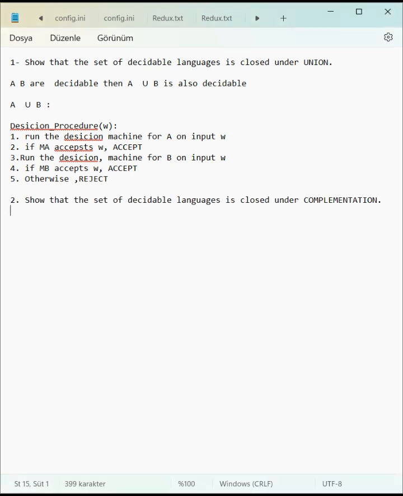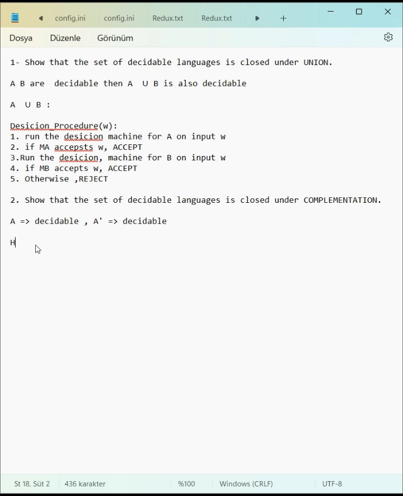The second question. Show that the set of decidable languages is closed under complementation. Before the proof, we have A. We know that this is decidable, and for this question, A complement is also decidable.